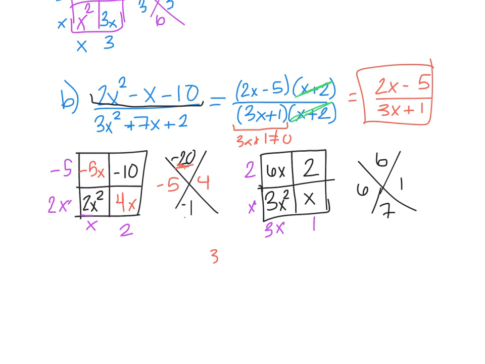Alright, so 3x plus 1 cannot equal 0, which means 3x cannot equal negative 1, which means x cannot equal negative 1/3. So my restrictions would be negative 1/3. Don't forget, though, this is also going to give us a restriction of negative 2. So x also cannot equal negative 2.